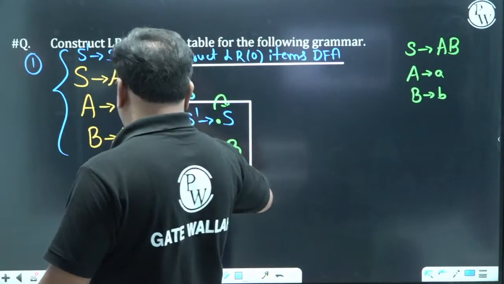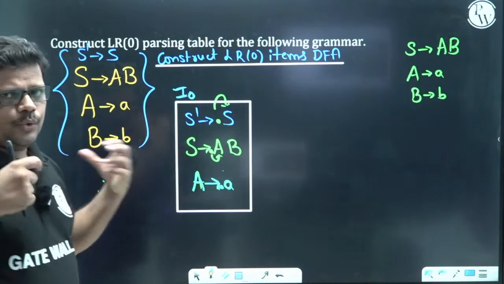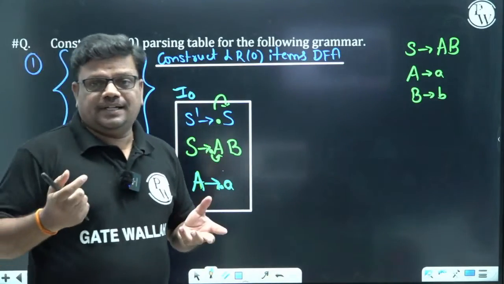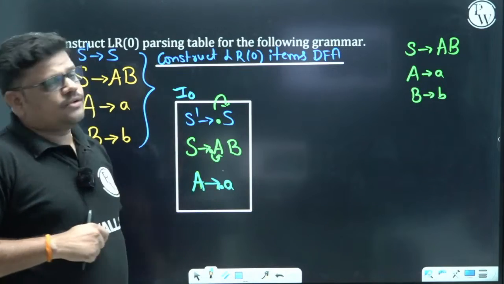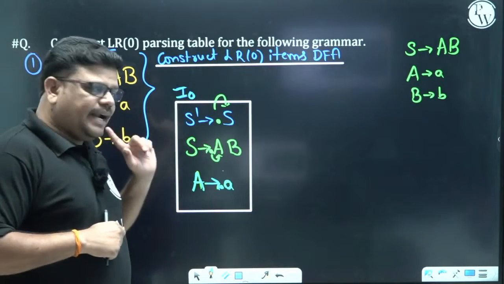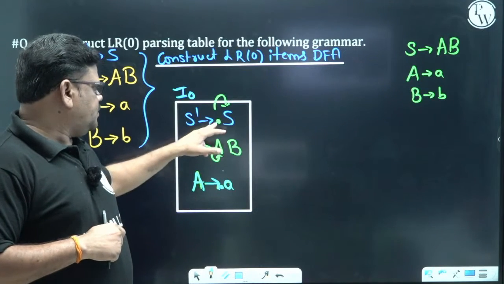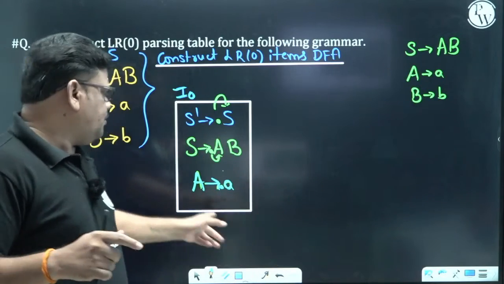We are not doing anything intentionally. This is the algorithm, done by the closure function. The closure function will add a production whenever the dot is followed by a non-terminal. Here it is not there, so no need to add the B production.